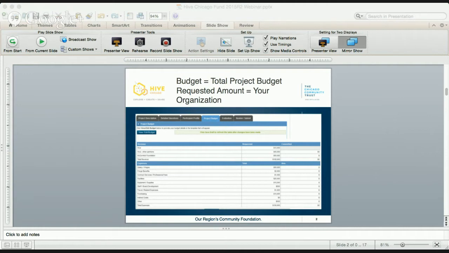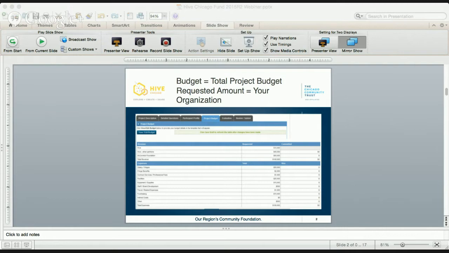So if I'm applying for a $50,000 grant to the Hive, my portion of that $50,000 is $10,000 hypothetically. So I'm going to put $10,000 in the requested amount, which you'll see here. And in the next line, you're going to put the total requested amount of all your other partners. In this case, it's $40,000.